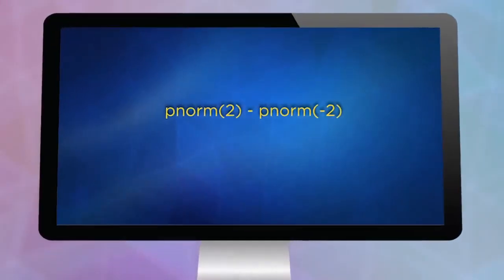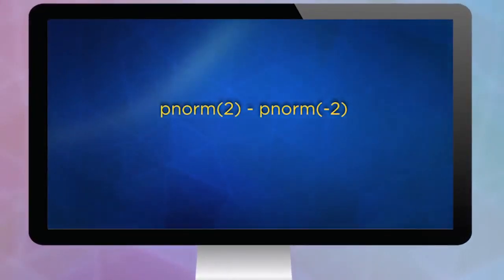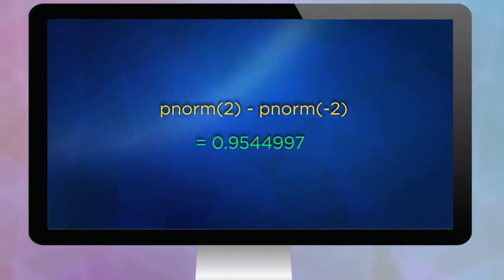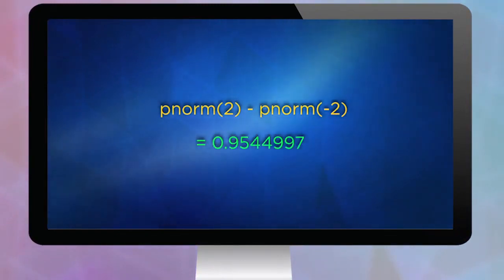We do this using p-norm in R. And now remember, if you do p-norm and you don't specify a mean or a standard deviation, it automatically defaults to the standard normal. And here you see p-norm of 2 minus p-norm of negative 2 gets you to that 95%.